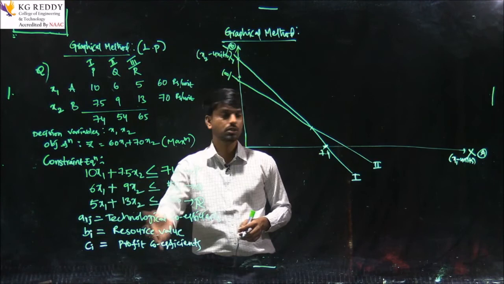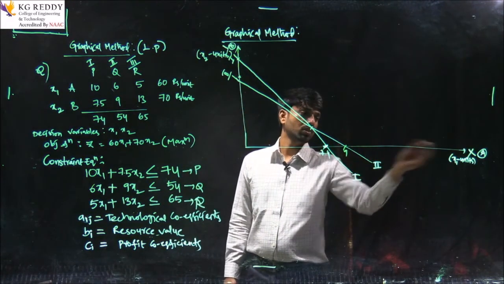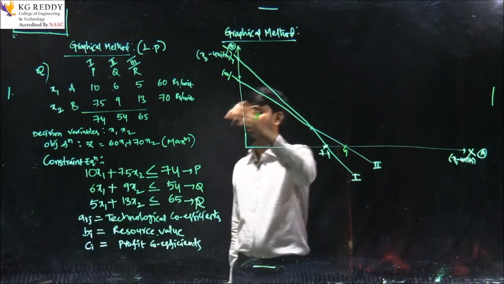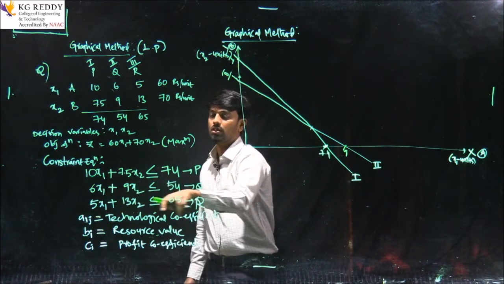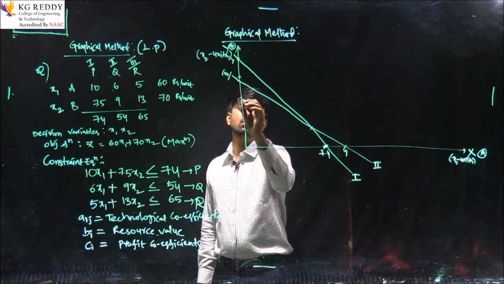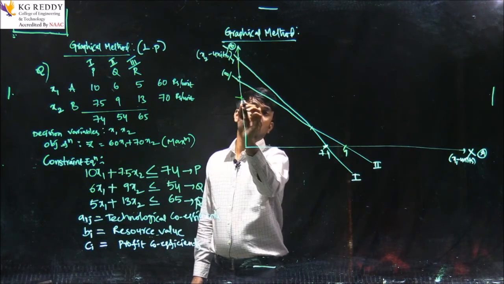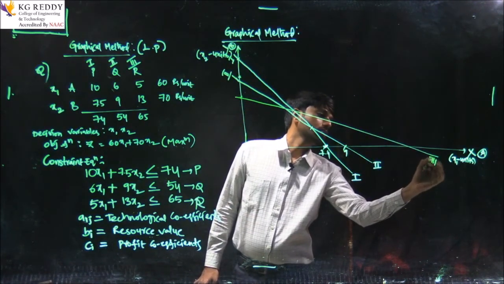The x1 intercept is 13. 13 means it is somewhere beyond 9. The x2 intercept is 6, so somewhere here. This is the third equation.